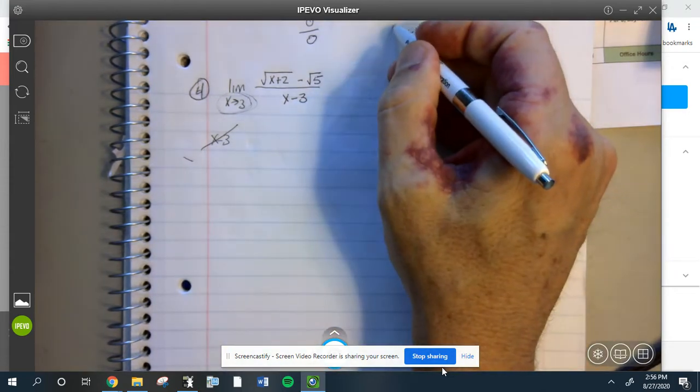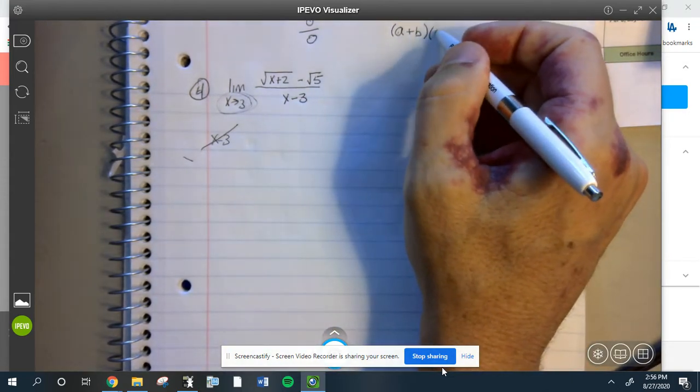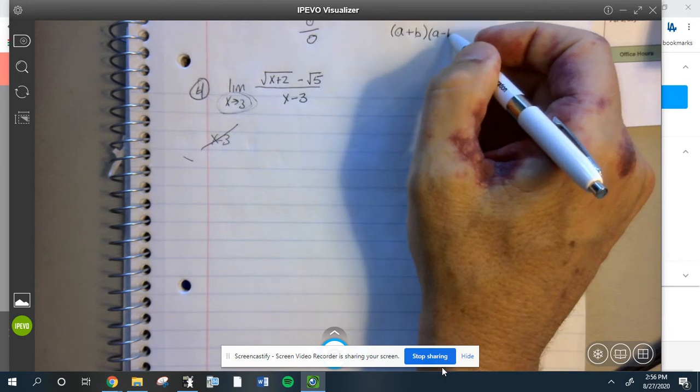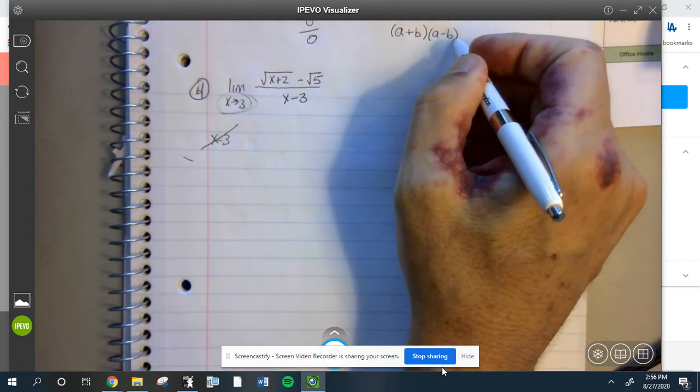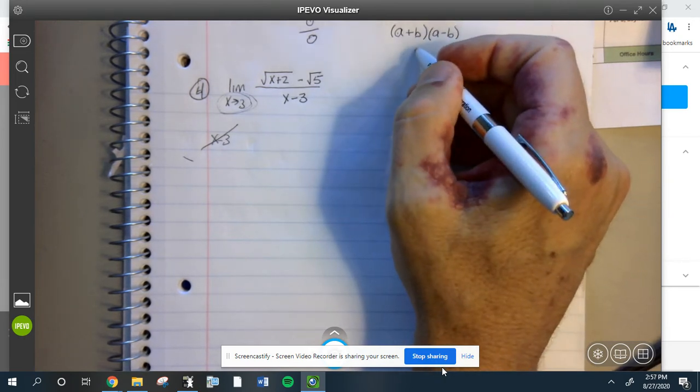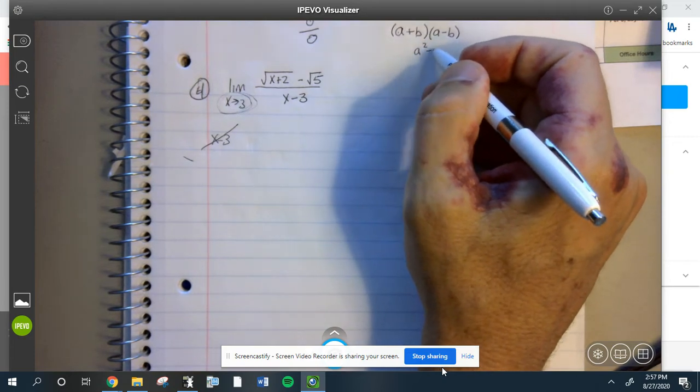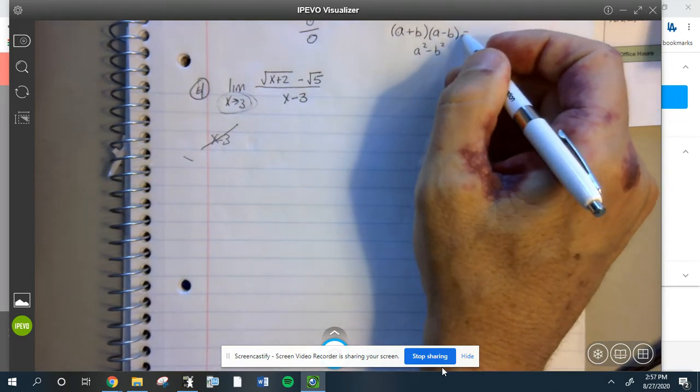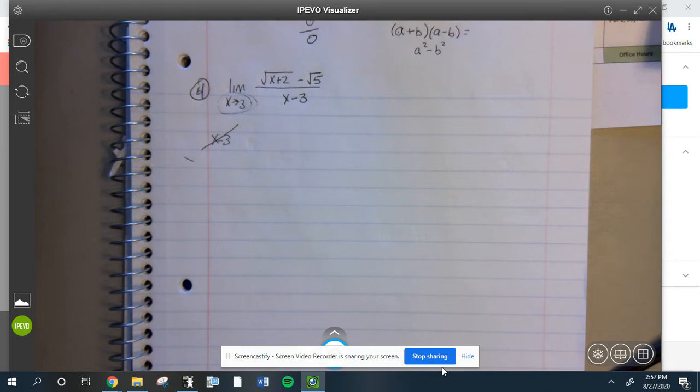So when you multiply conjugates, I'm going to multiply this by a minus b. If you FOIL it out, the middle terms will cancel. You will get a squared minus b squared every time. So we're going to use that to get rid of the square roots from the top.